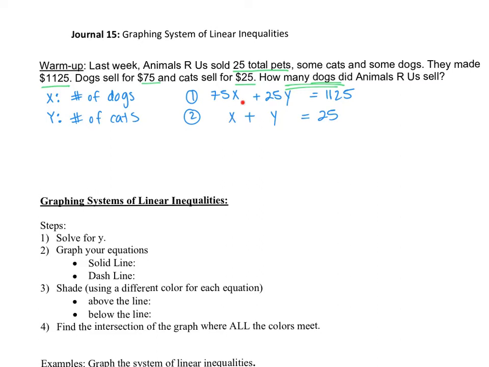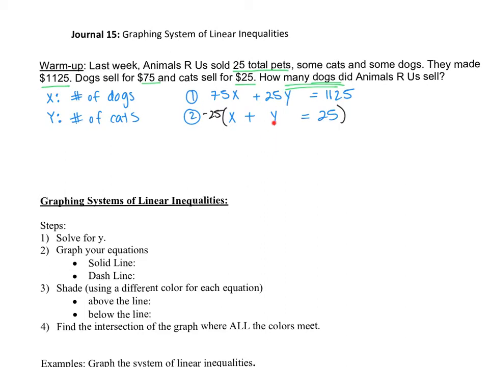So if I were to look at the variables, maybe I'll try to cancel out the y's just because the y has a smaller number. Now there's no opposite signs here, so I'm going to multiply by negative 25 to try to make the y's cancel. And so if I multiply by negative 25, this would make it opposite signs but same coefficients.